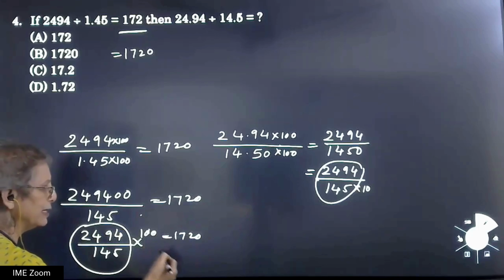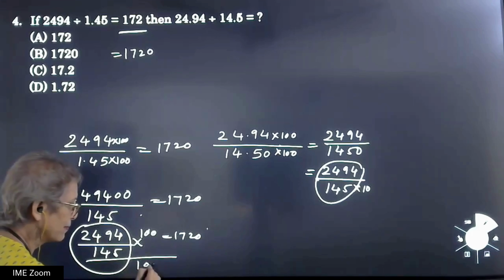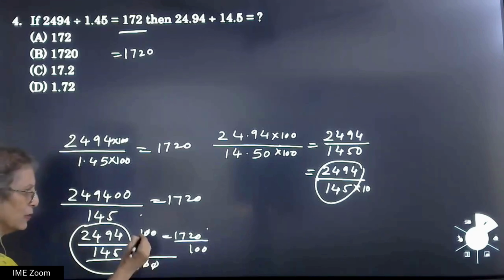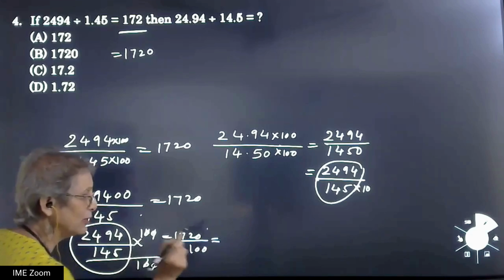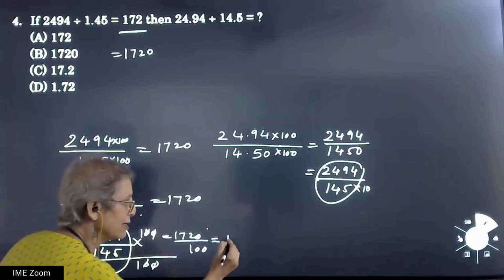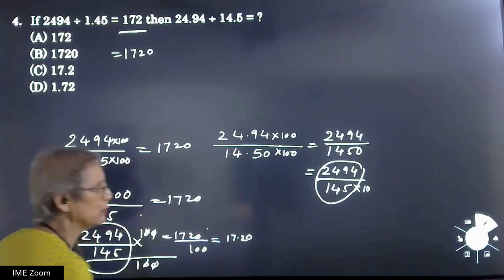And for that, we need to take 100 to this side, meaning divide both sides by 100. Okay. Cancel these zeros. And here what will happen? Now let us put the decimal point. Two zeros. So 1 and 2. Skip 2 and the answer is 17.2. You can say 17.20.